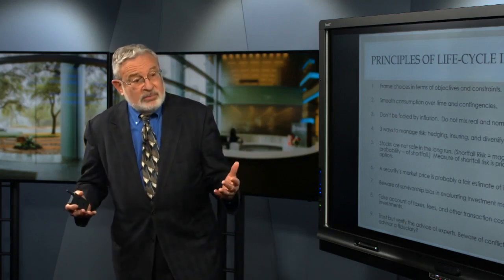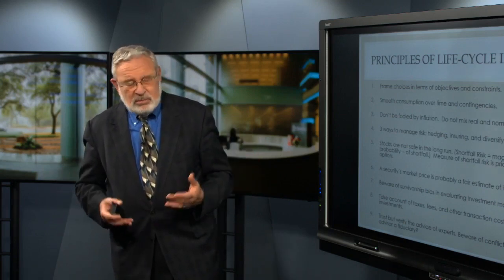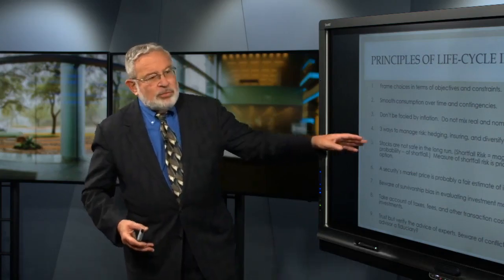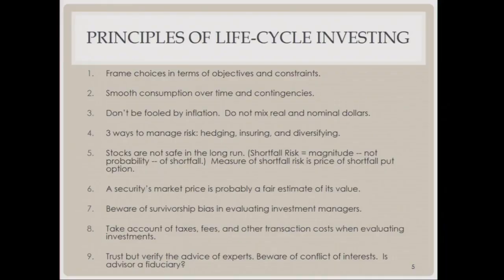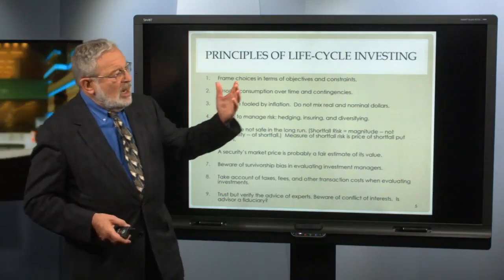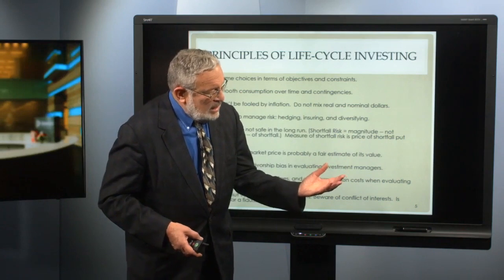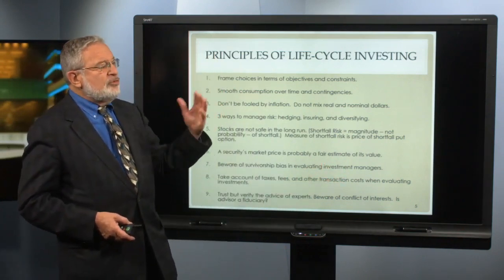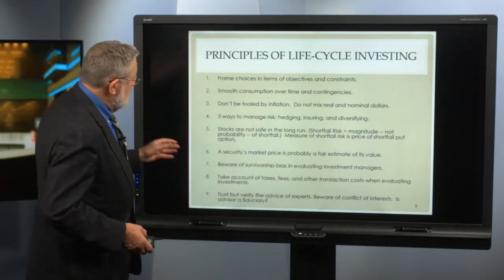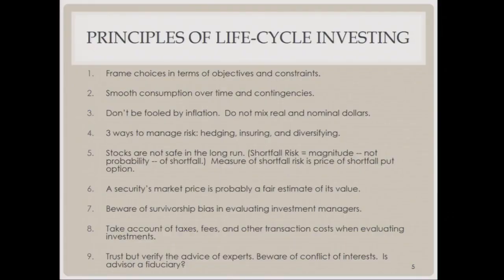It costs you something. You've got to pay for the put option. Okay. So these are the three dimensions of risk management. And in the usual discussion of asset allocation around retirement planning, the only thing you hear about is diversify, typically.